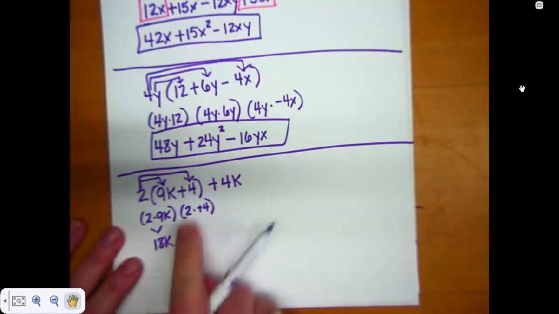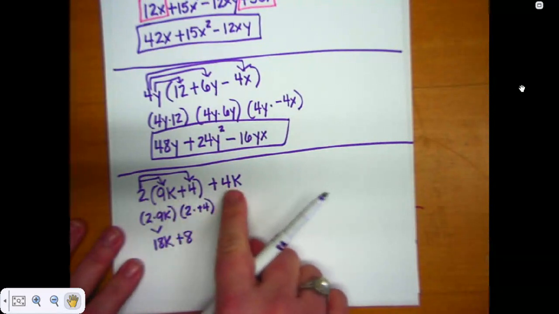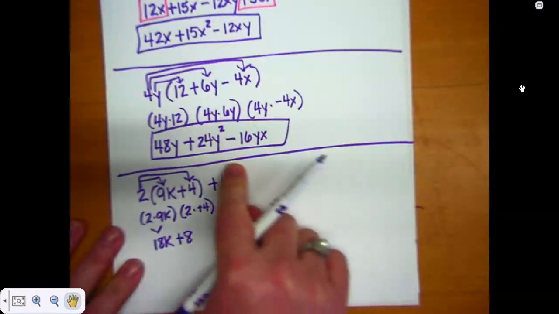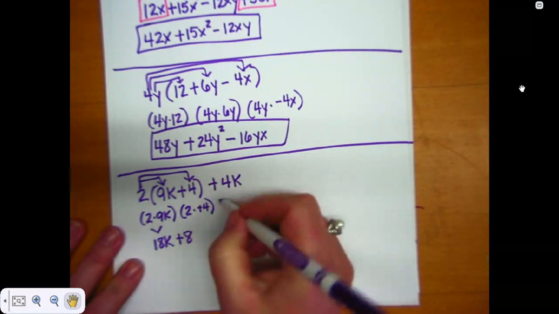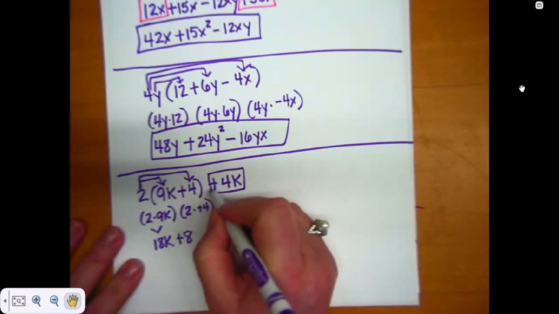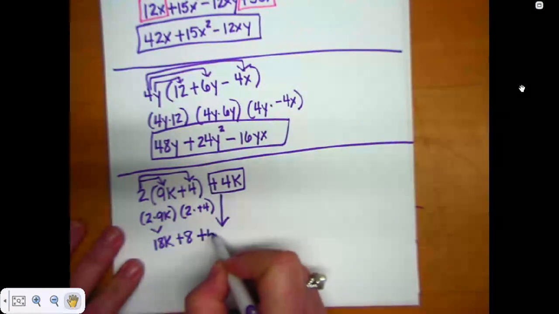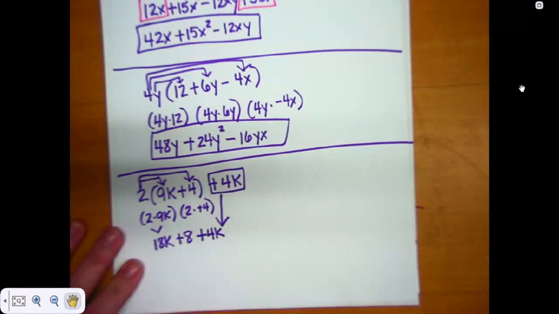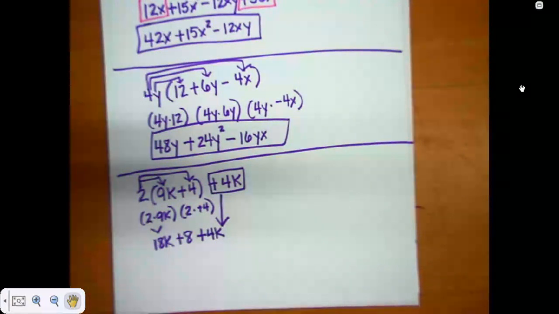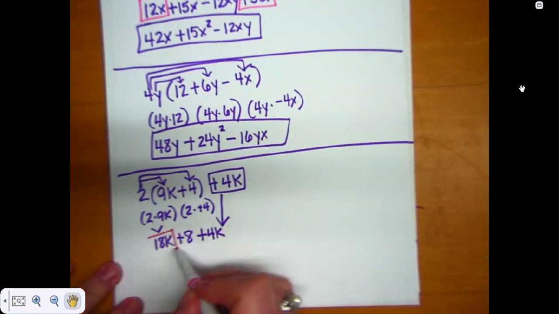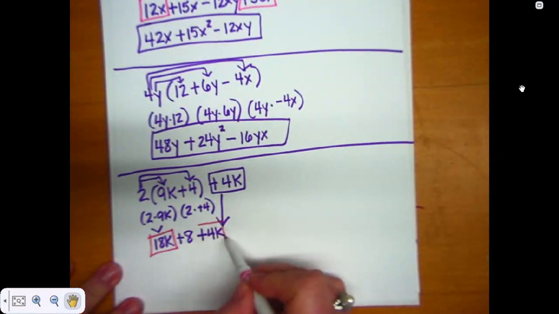Now, I distributed this, but I cannot forget that this is also part of this expression. So this has to come down into my new expression, plus 4k. Now I have like terms. I see that I have 2 terms that have k as a variable. So I have 18k and positive 4k.